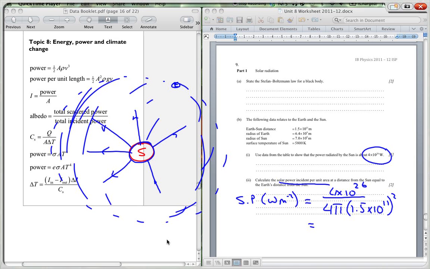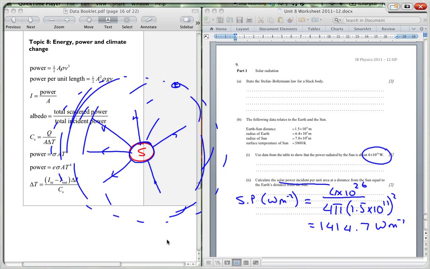So we're going to do it on our calculators. We get 4 exponent 26 divided by, I need to put this all in brackets, so I open up my brackets, 4 times pi times 1.5 exponent 11 squared, close brackets, enter, and I get 1414.7 watts per meter squared.